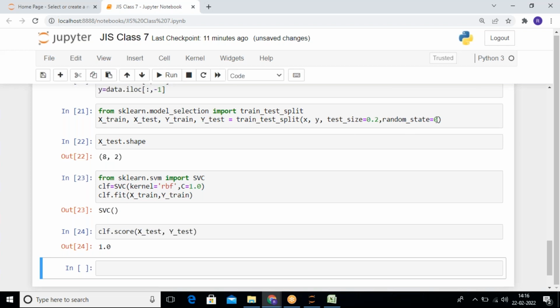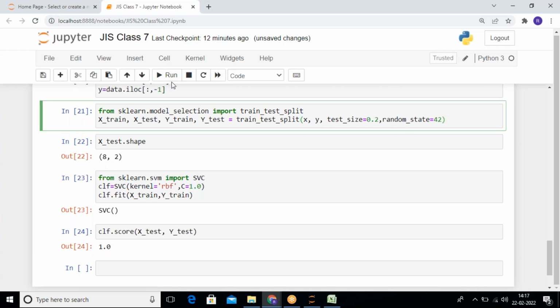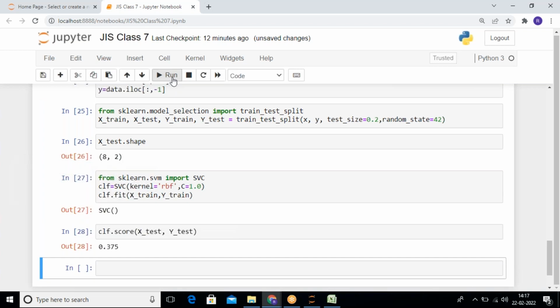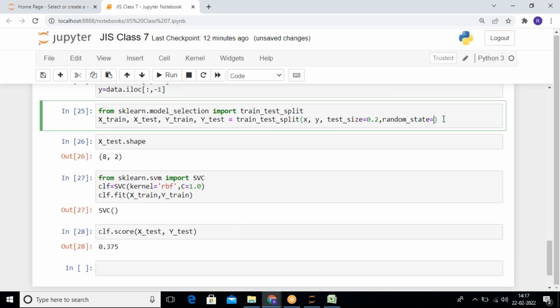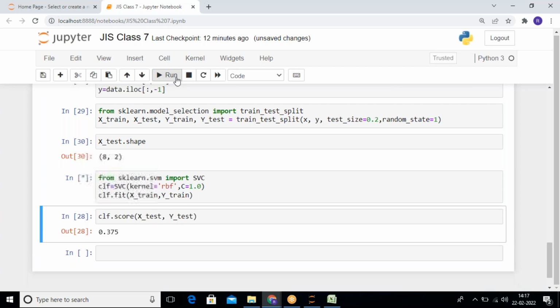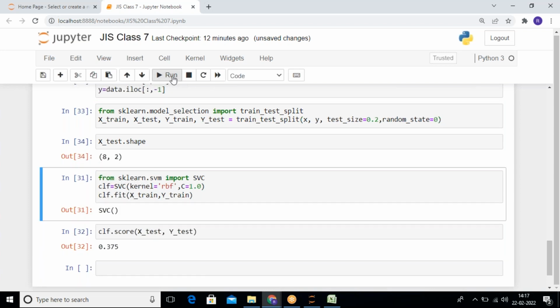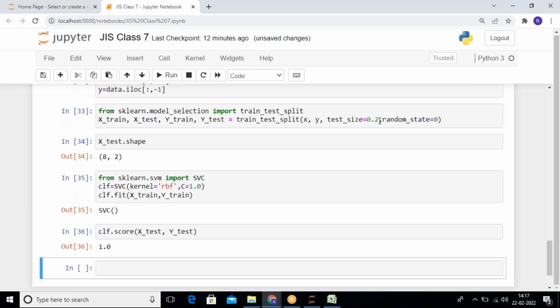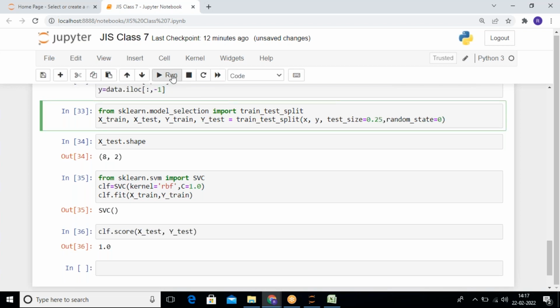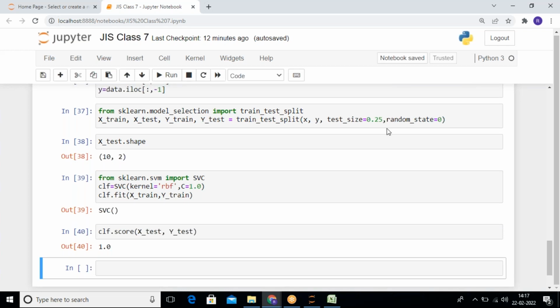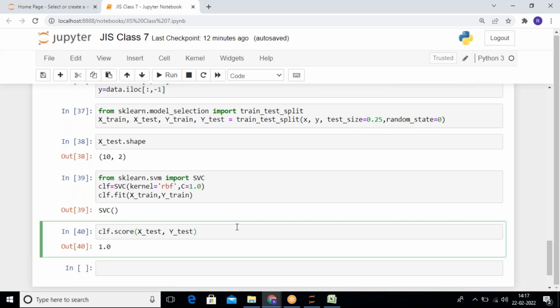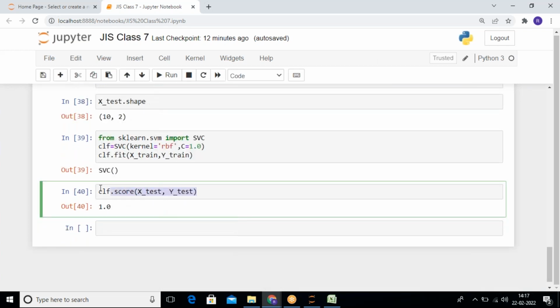It's giving 100% accuracy, a value of 1. The data set is very small, so it is very easy for the model.